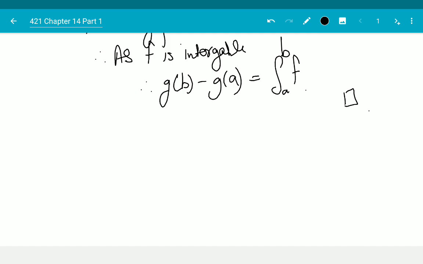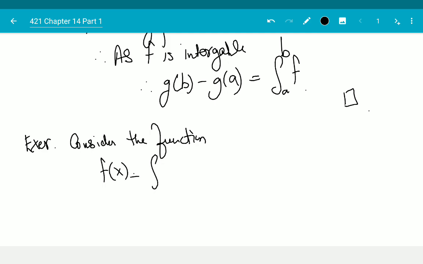Okay, let's do some related exercises. Exercise. First, consider the function f of x, which from 0 to 1 is 1, between 0 and 1, and 0 from 1 to 2, for x strictly greater than 1 and smaller than or equal to 2.